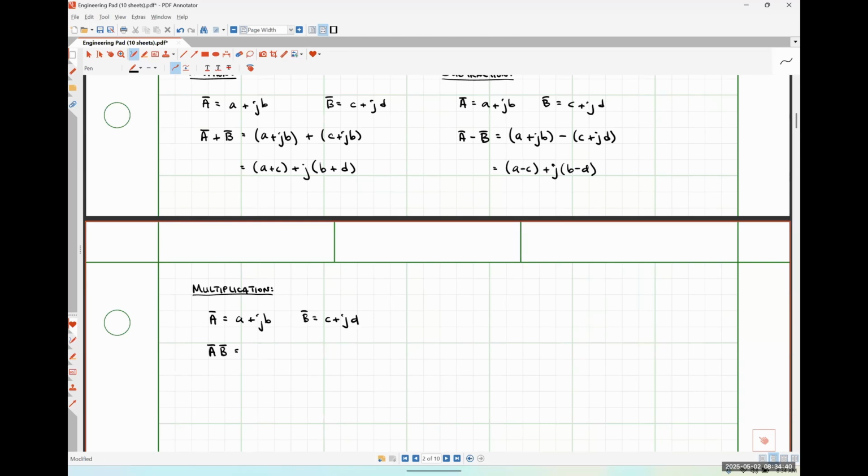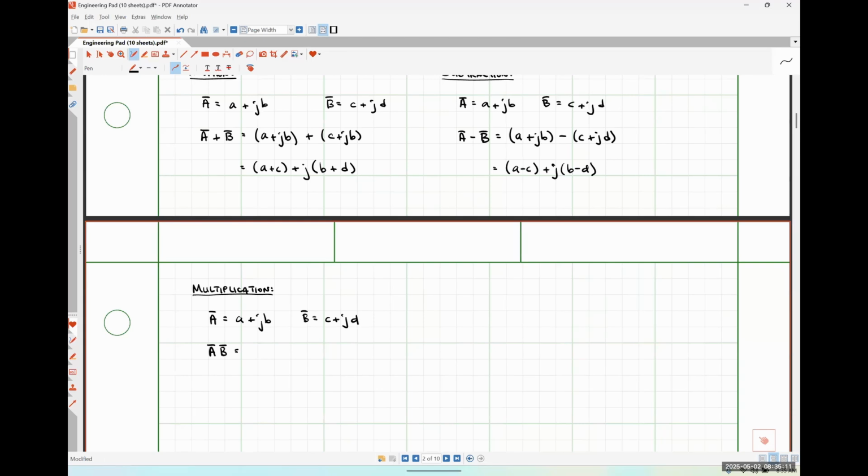before I write this out, I want to explain something here. If you see two complex numbers next to each other, that is implying multiplication, okay? I will never write A cross B, because A and B are both vectors, essentially, and I don't want you to confuse that with the cross product, which does not exist for complex numbers because it's only a 2D vector.